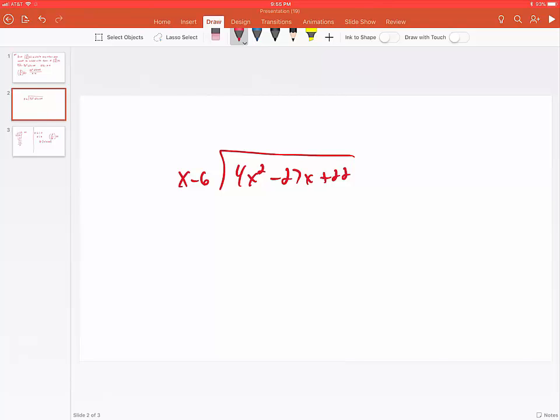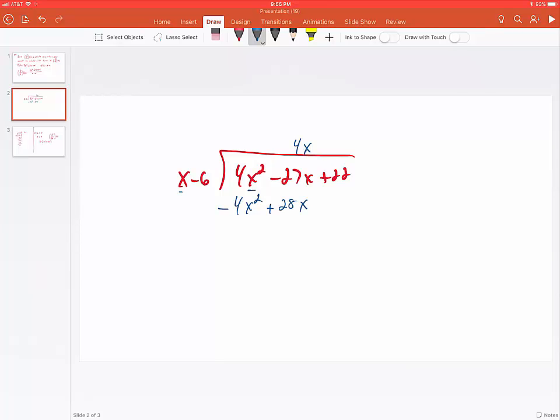We're going to do a similar thing here with this example. We look at the x and ask, how many times does x go into 4x squared? If I multiply x by 4x, I get 4x squared. Then 4x times negative 6 is negative 28x.